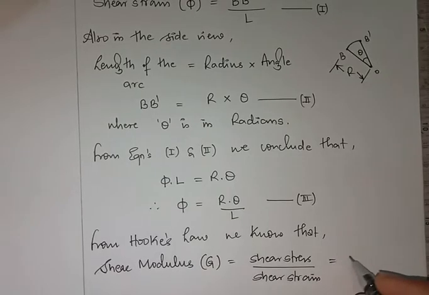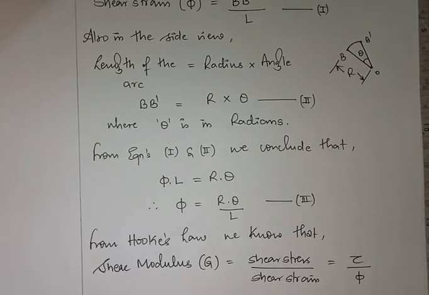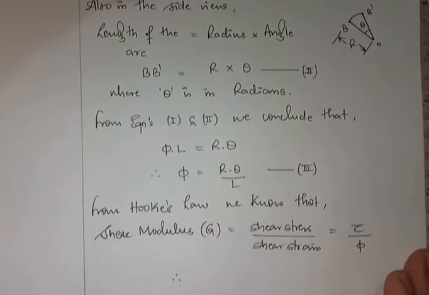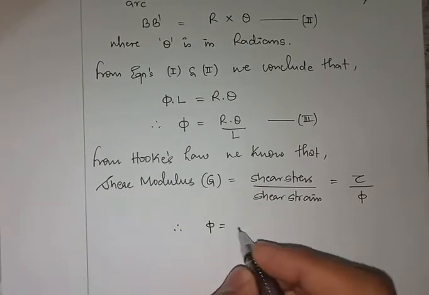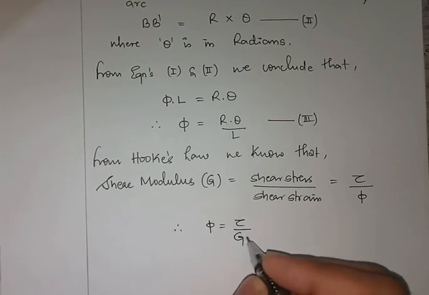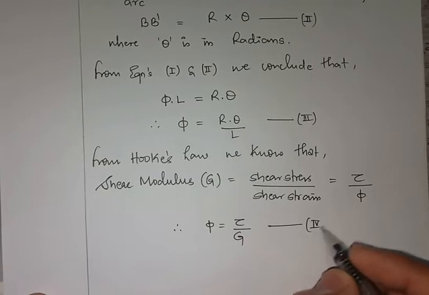In this case shear stress is tau, shear strain is phi. Now if I rearrange this, phi is equal to tau divided by G. This I'll take as equation number 4.